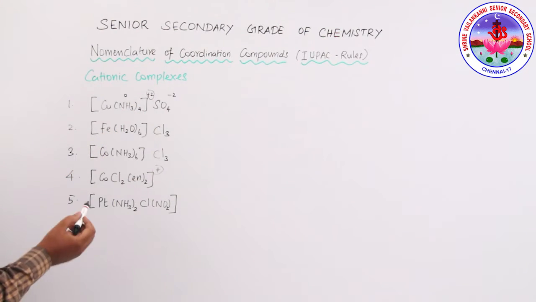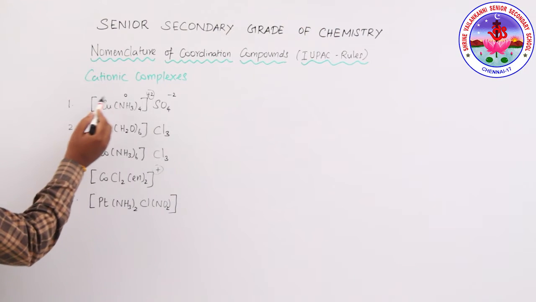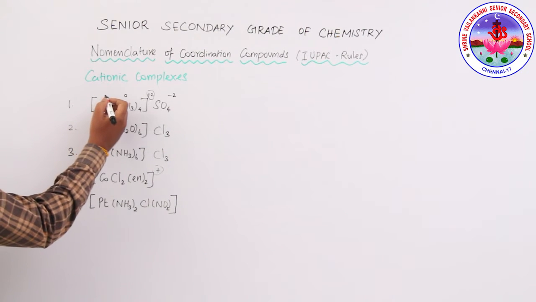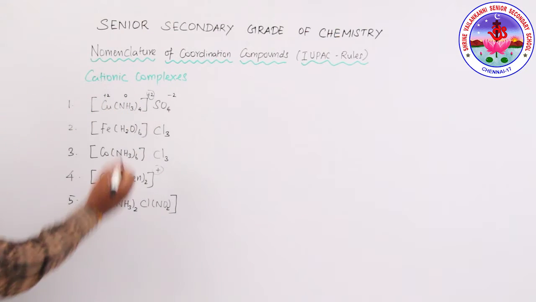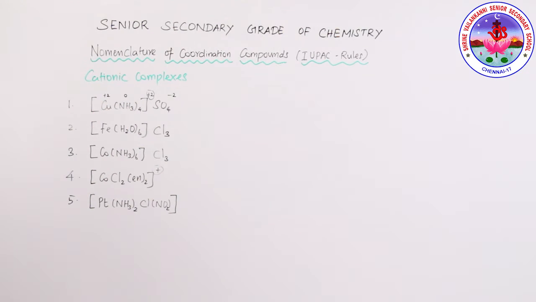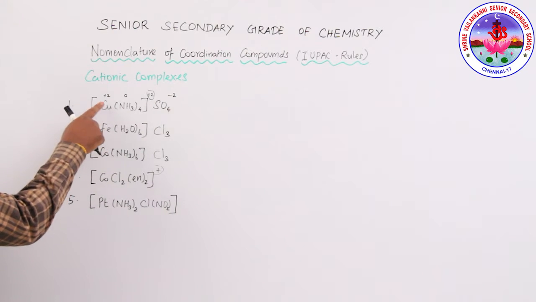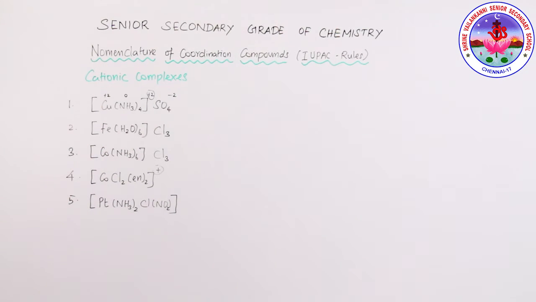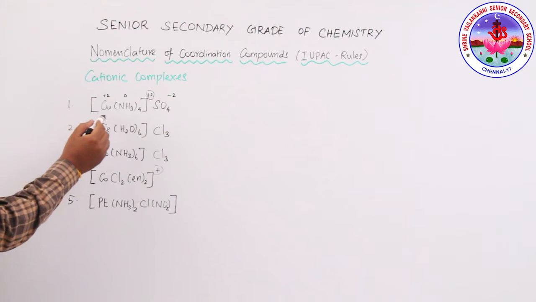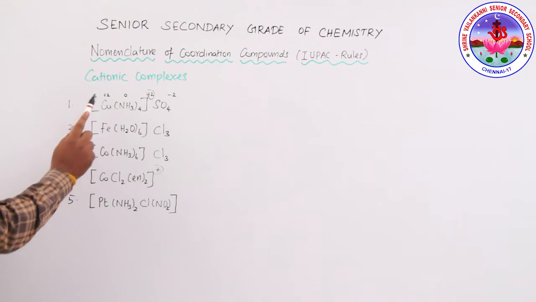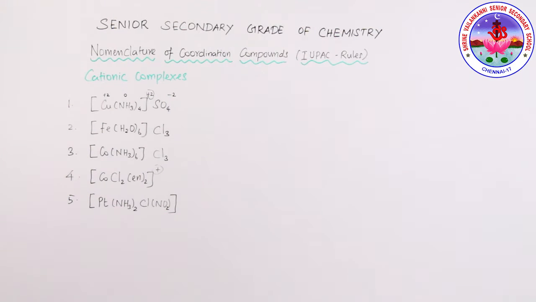The complex charge is +2, so it should be balanced, and copper also becomes +2. So the metal oxidation state is +2. First you have to find the metal oxidation state. Here copper has +2 oxidation state.